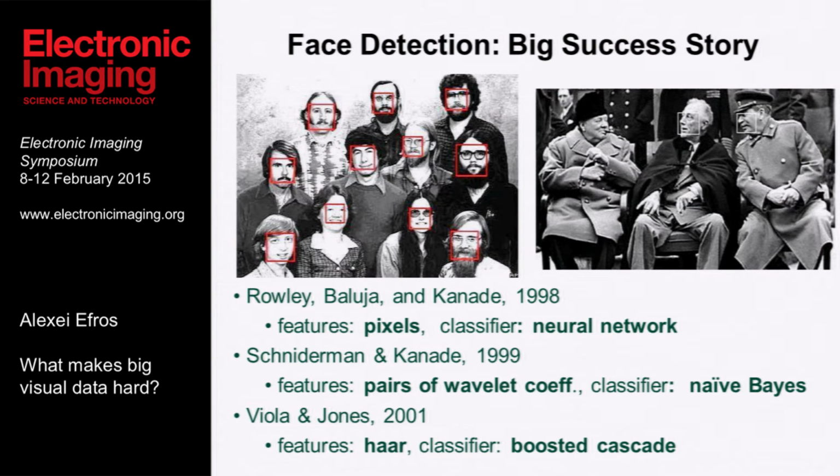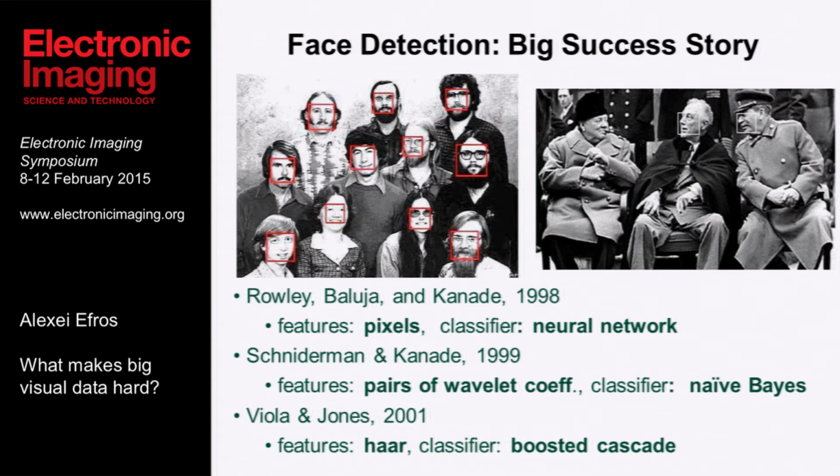Then Schneiderman and Kanade used pairs of wavelet coefficients, and the classifier was naive Bayes, and then Viola Jones had the Haar features, and the classifier was a boosted cascade, which is why people are most familiar with it, because the boosted cascade made it real time, and so you could have these super real time demos. But actually, Schneiderman and Kanade was doing better in terms of precision, and I think probably the best face detector out there.